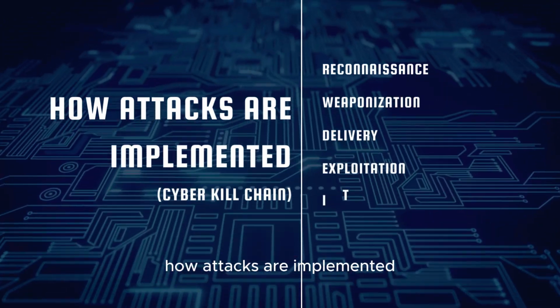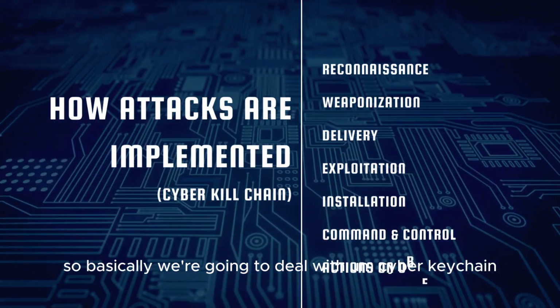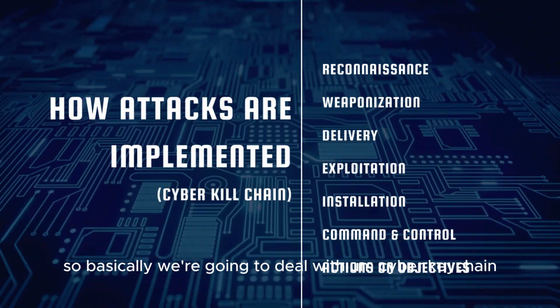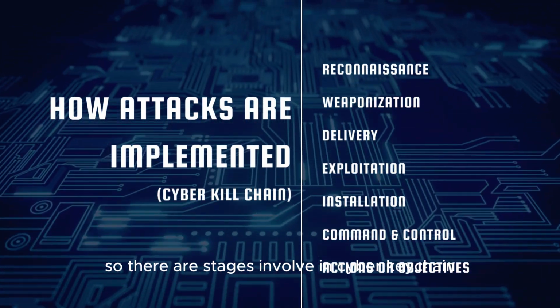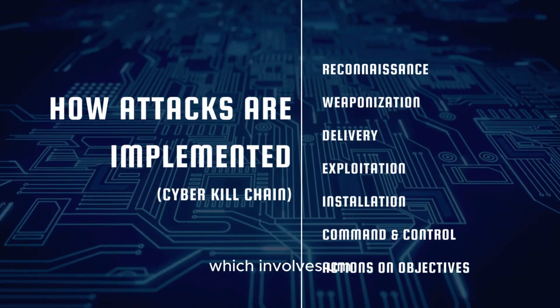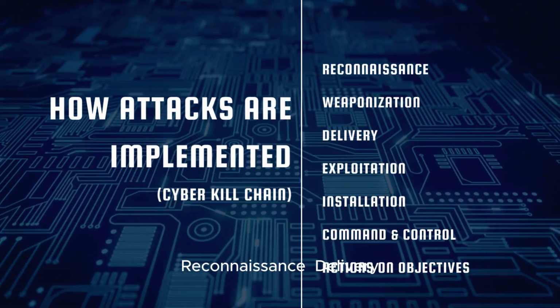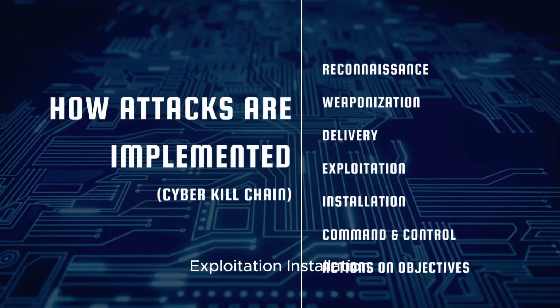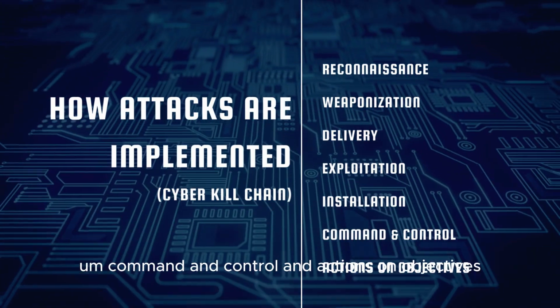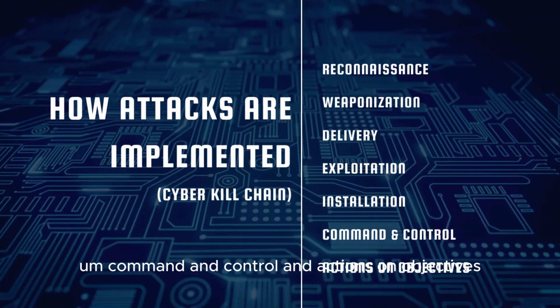How attacks are implemented. So basically we're going to deal with the cyber kill chain. There are stages involved in the cyber kill chain, which involves reconnaissance, weaponization, delivery, exploitation, installation, command and control, and actions on objectives.